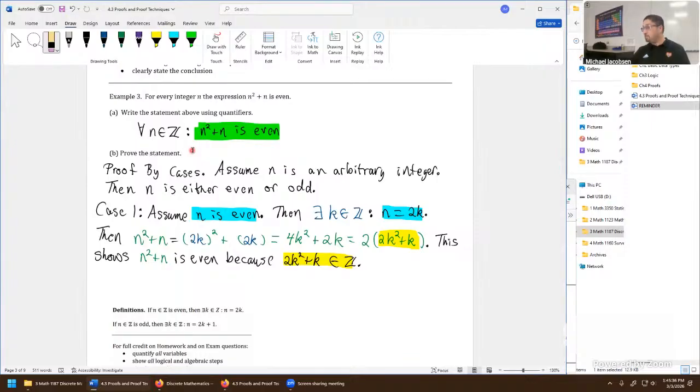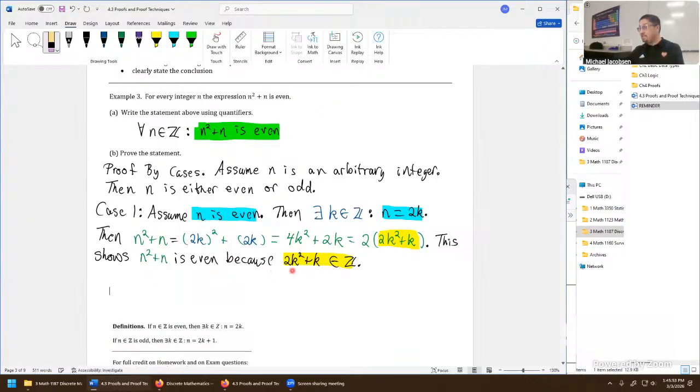Okay, well, let's try this out again. The proof is halfway done. All we now know is if we square an even integer and add that same integer, it results in even. But this said for every possible integer. So that's why there is a case 2 next.